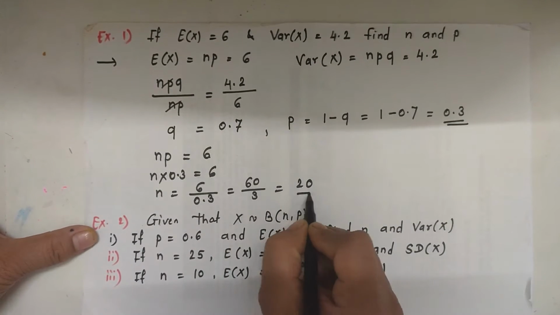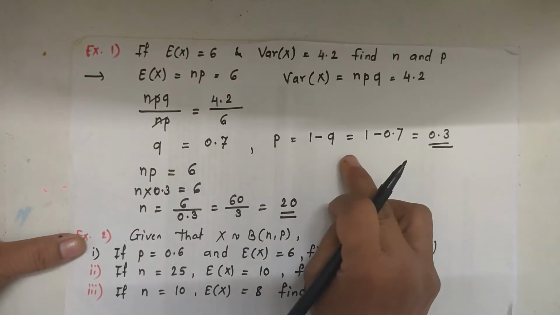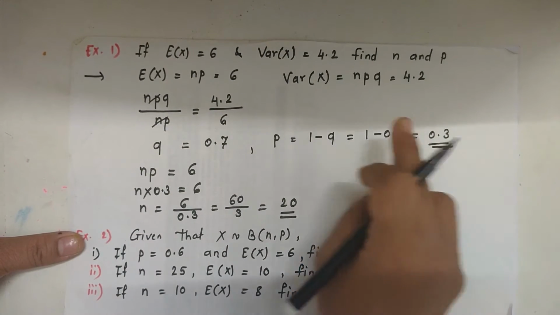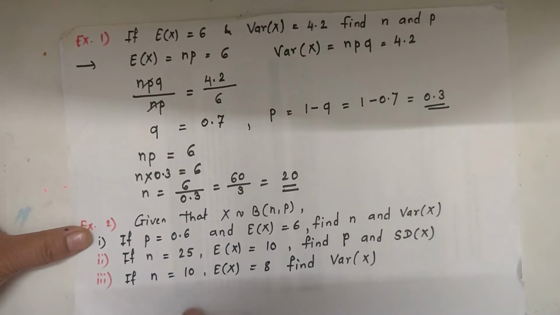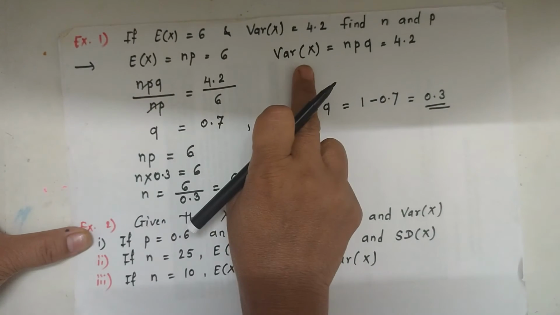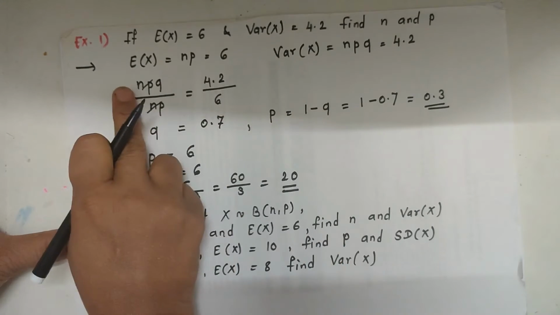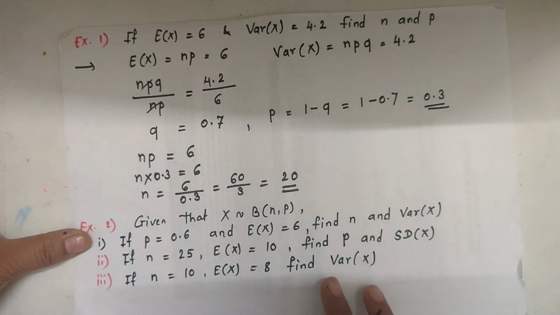So here we get p is equal to 0.3 and n is equal to 20, using the ratio of these two terms, E of x and variance of x.